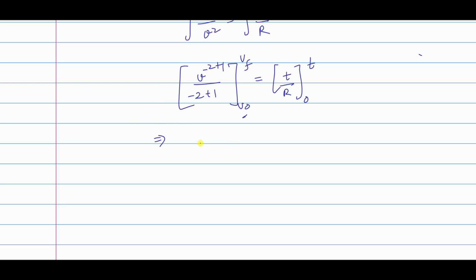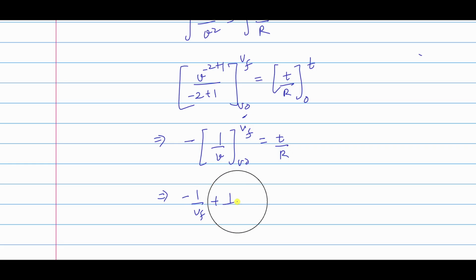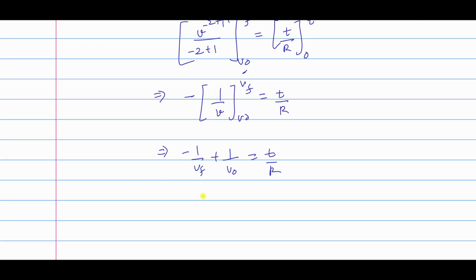From this we will get minus of 1 upon v from v naught to v final is equal to t by r, which becomes minus 1 upon v final plus 1 upon v naught is equal to t by r, and 1 upon v final will be equal to 1 upon v naught minus t by r.